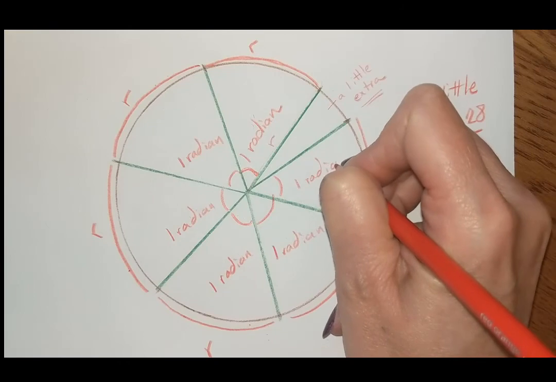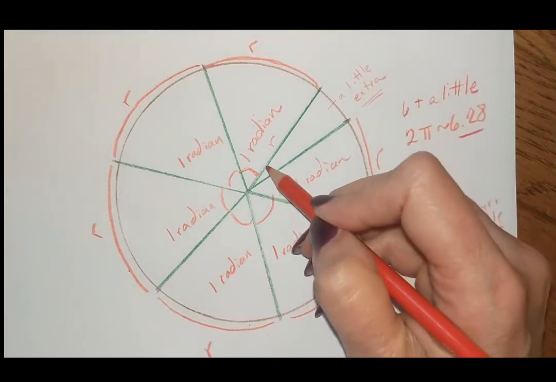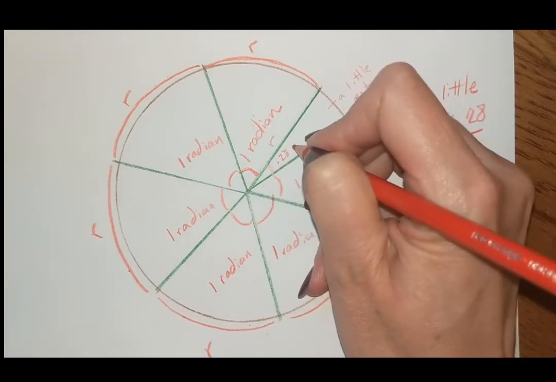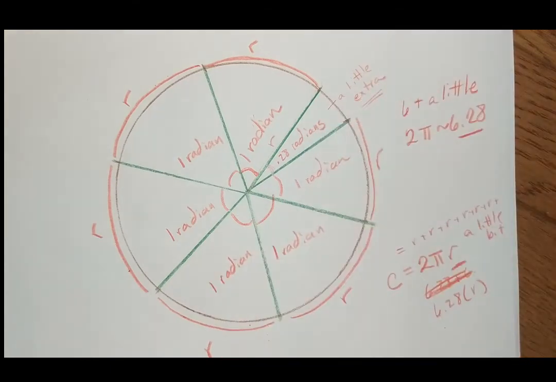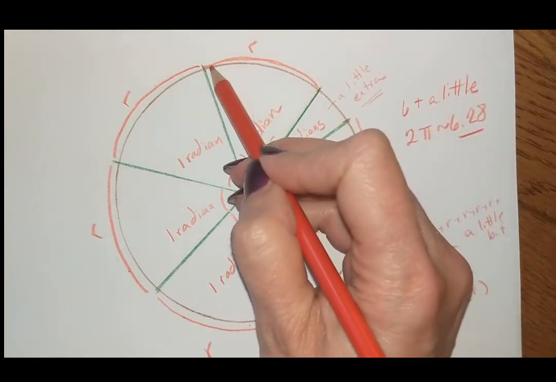So this angle measure is really related to how long this arc is, just in another unit of measure. We call it 1 radian because it creates an arc of length 1 radius. They're very similar, but very connected.